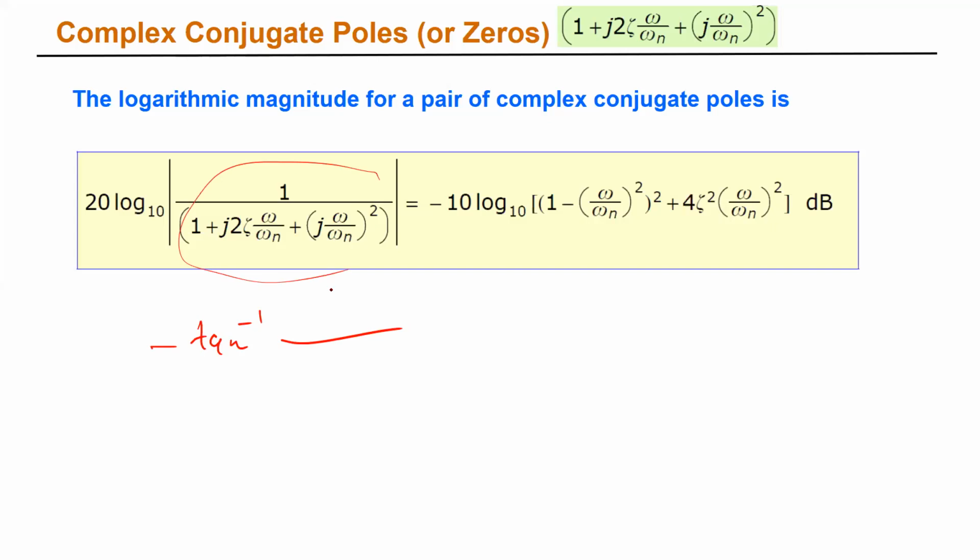It's going to be 2 zeta (omega over omega n) over 1 minus (omega over omega n) squared. This is the phase.